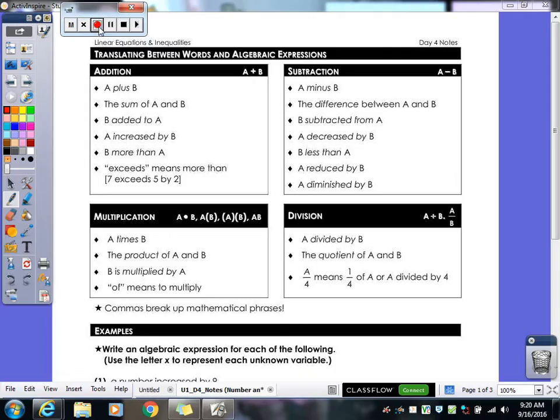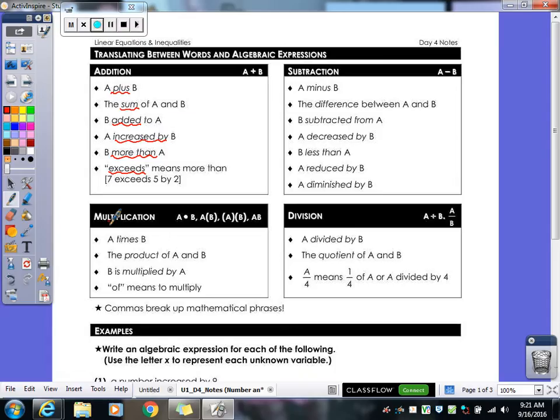So I have up here for us first is how to know when you have addition, subtraction, multiplication, and division by looking at the words. So if they tell you plus, sum, added to, increased by, more than, exceeds, those words all tell you you're using addition.